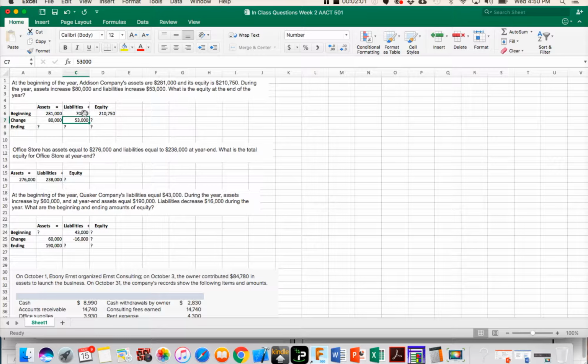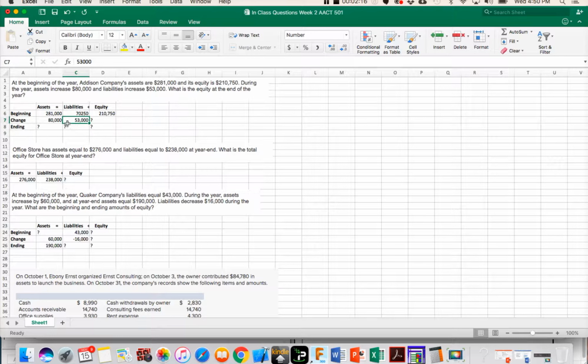And so that's my equation. To test that, I would just make sure that this plus this equals this, and we know that it does. Obviously Excel doesn't make math errors as long as you enter the equation correctly.